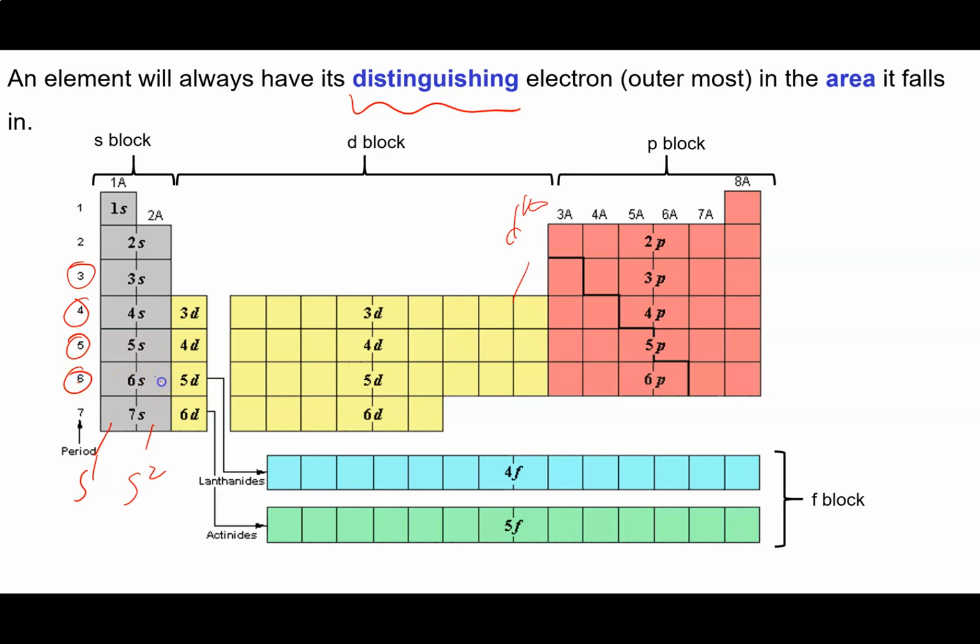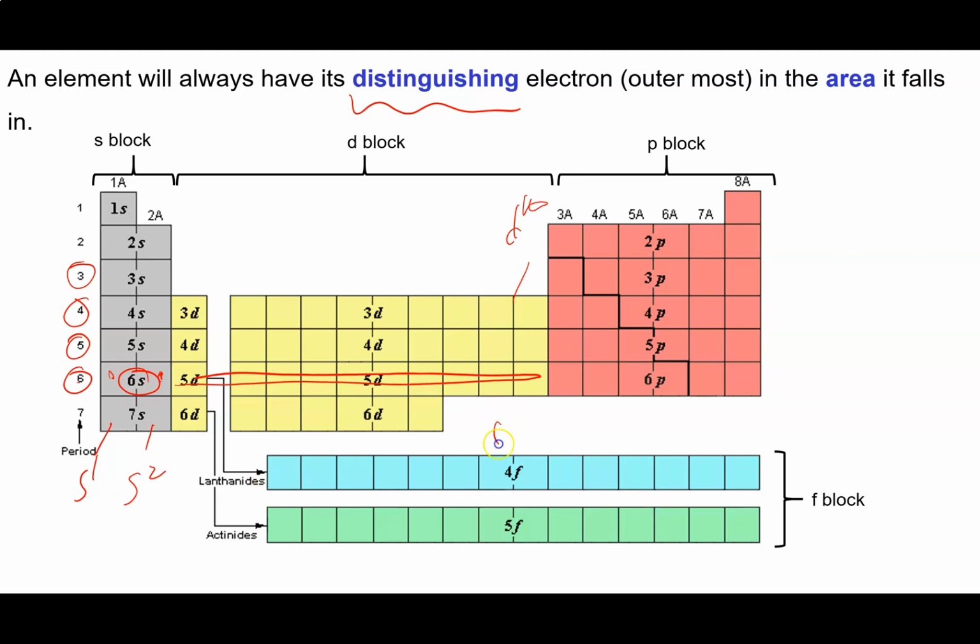So this is period 6, so it's going to be 6s1 here, 6s2 there. Now it's worth recognizing that the outermost d subshell always lags one behind the period number, right? And similarly, the outermost f subshell always lags behind the period number by 2.